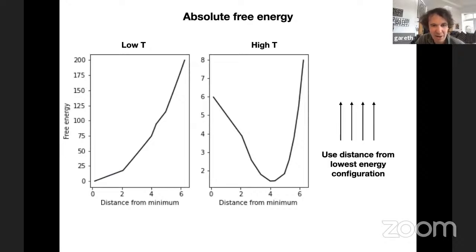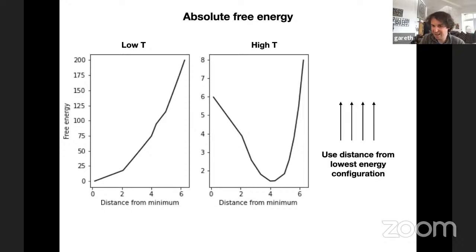At low temperature, there is a minimum at d equals 0, which corresponds to having all the spins ordered. But at high temperature, the minimum shifts to some higher value because we want about half of the spins aligned against the field.